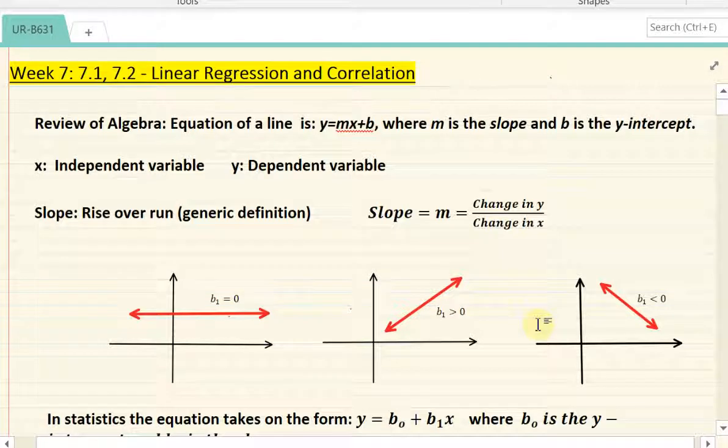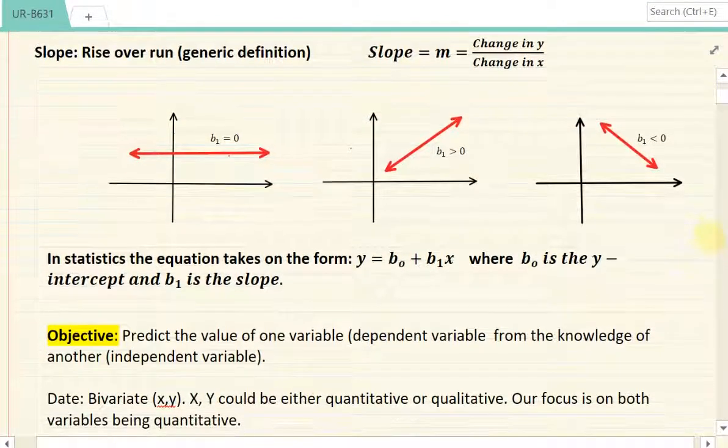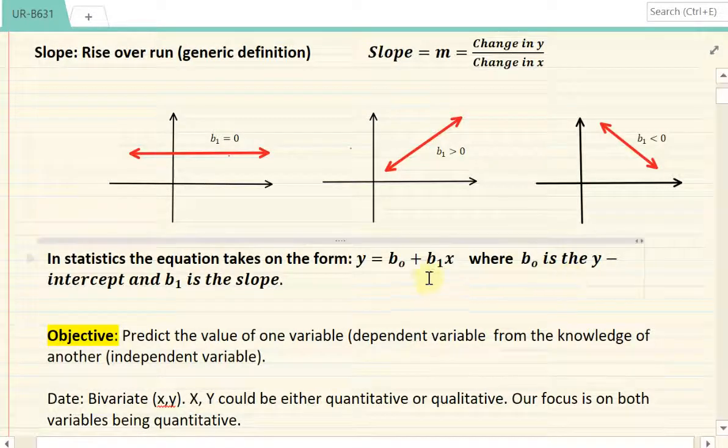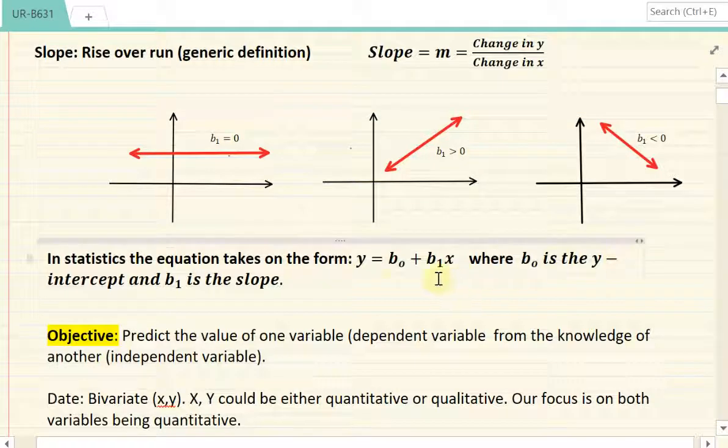Now, in statistics, the equation takes on a slightly different form, and there's actually a good reason for that. As we get into multiple regression, this kind of convention works out very nicely. Because in a multiple regression we have many independent variables. So the idea of b0, b1 goes to b0, b1, b2, b3, b4, and so on.